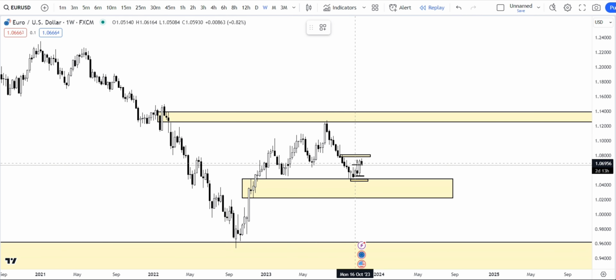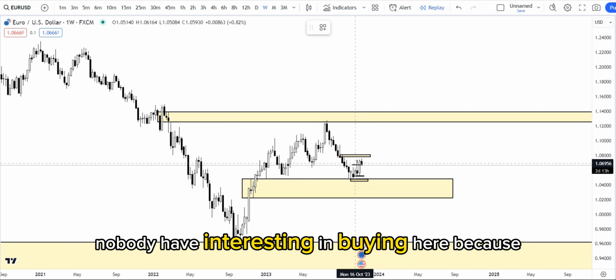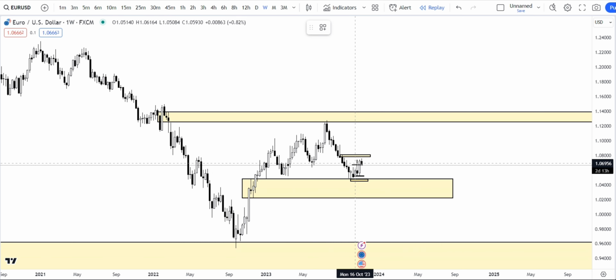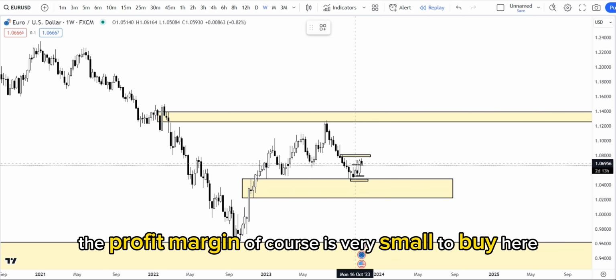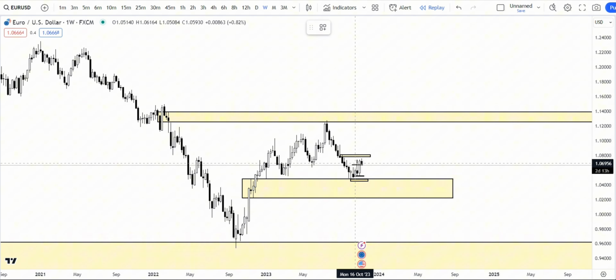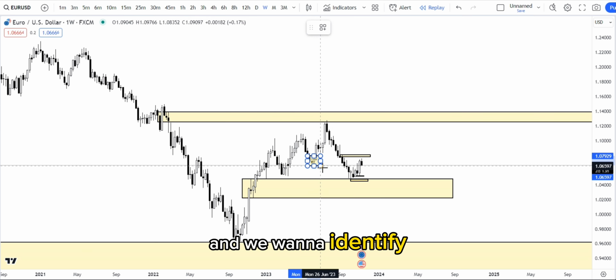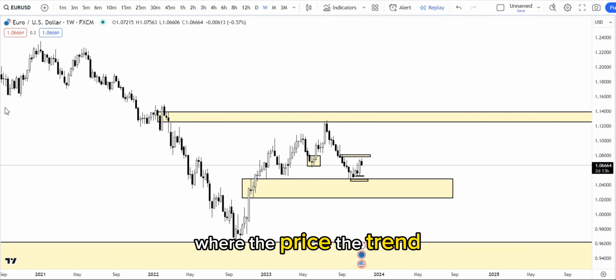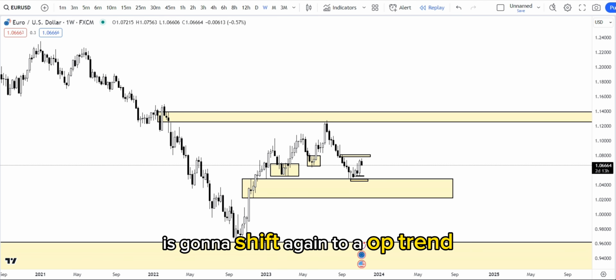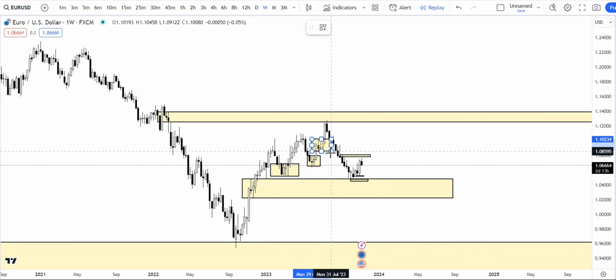Nobody has interest in buying here, because the profit margin is very small. That's why you see a big pullback in the market, and we want to identify where the trend is going to shift again to an uptrend.